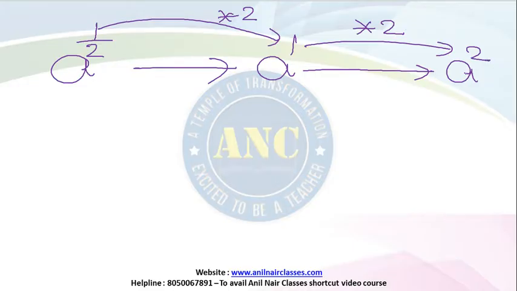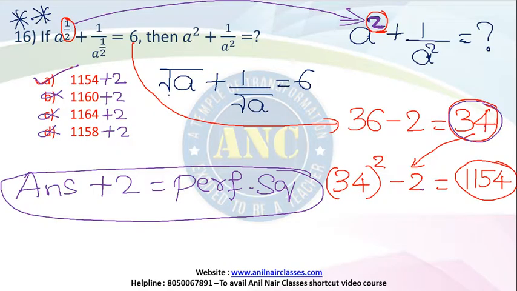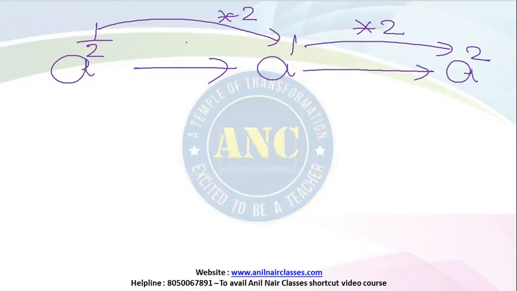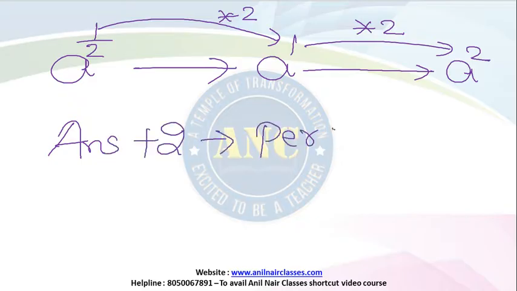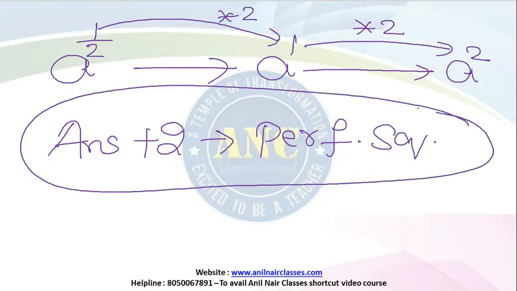You cannot keep on taking the right hand side, square it, subtract from 2 every time. You can do it actually, but it's a lengthier process. So we know that whenever the powers are getting doubled like this, answer added with 2 should always give you the perfect square. Always go with answer options in this kind of problems, so that you will also solve it in the most easiest way possible. I hope I am making sense for you people, sir.